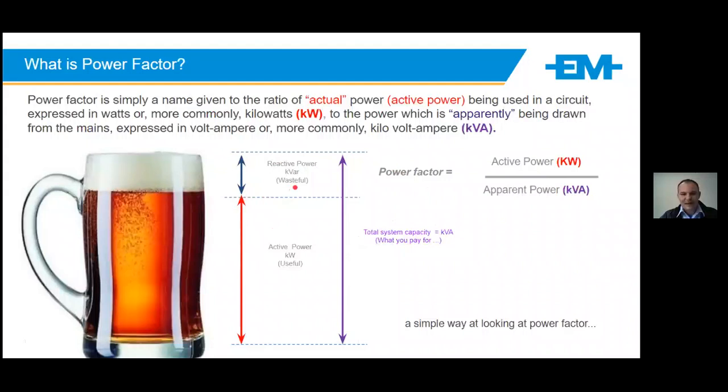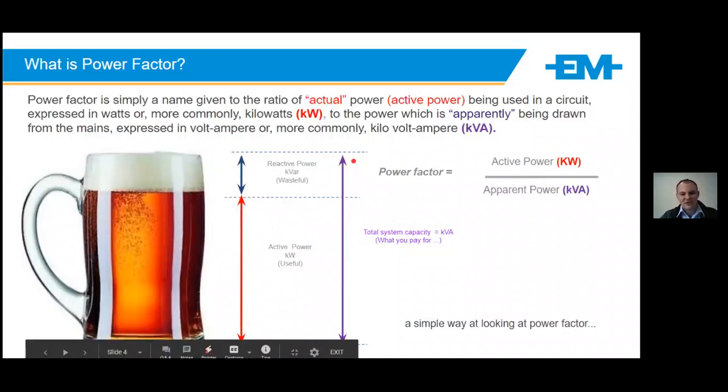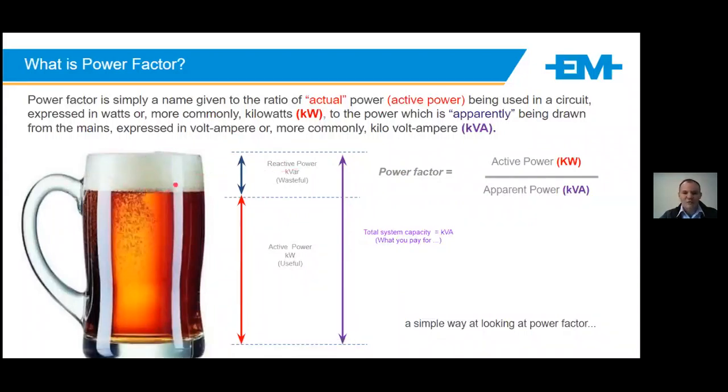So as with the beer, you pay for total system capacity, or the total glass of beer. The wasteful foam, the kVAR, is what we want to reduce when we purchase or use our supply. And active power is the active useful work being done, in our case the actual liquid that quenches our thirst.